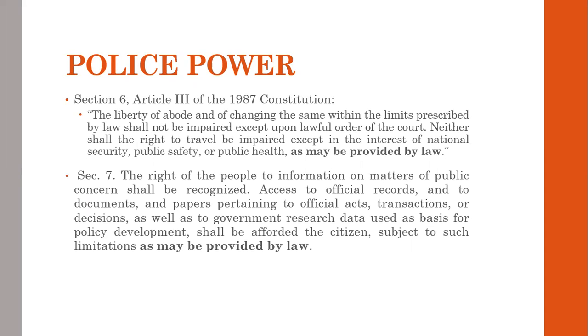For example, Section 6 of Article 3 provides that the liberty of abode and of changing the same within the limits prescribed by law shall not be impaired except upon lawful order of the court. Neither shall the right to travel be impaired except in the interest of national security, public safety, or public health as may be provided by law.